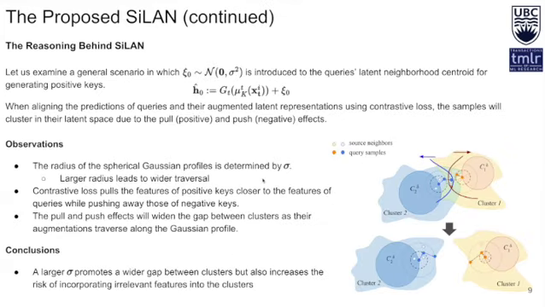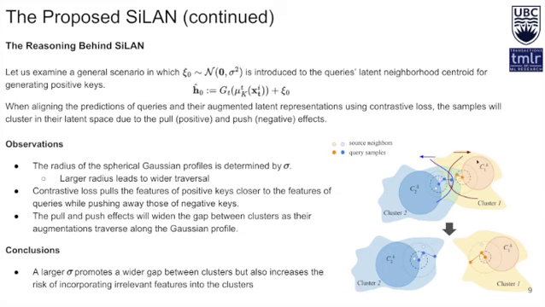Next, we will explore the rationale behind our proposed CLAM. First, in order to better understand the reasoning, let us examine a general scenario in which we introduce noise from a zero-mean Gaussian with standard deviation sigma to the query's latent neighborhood centroid for generating the positive key.